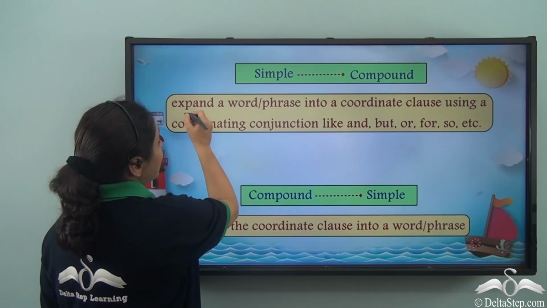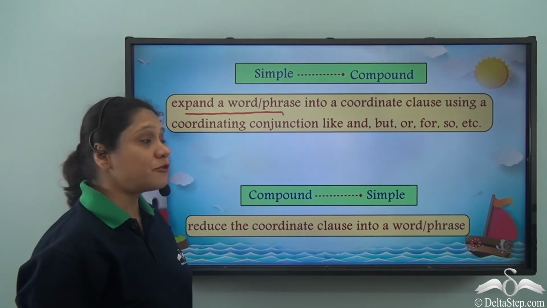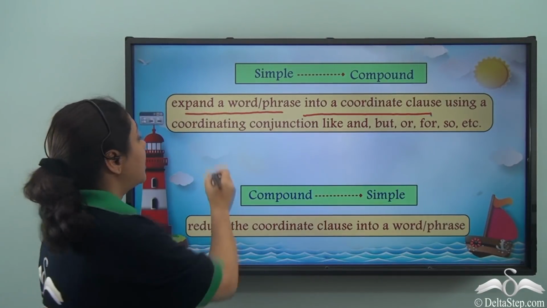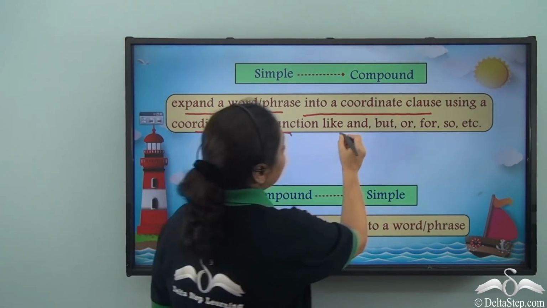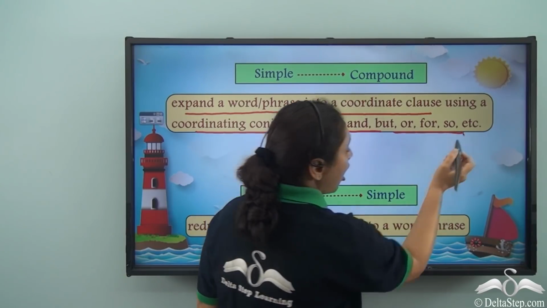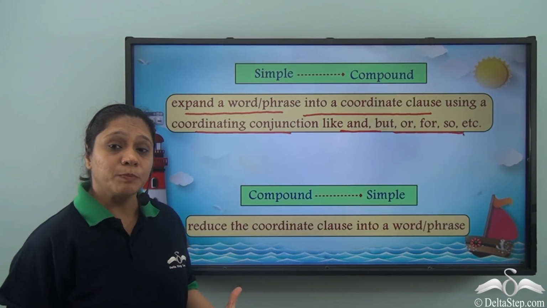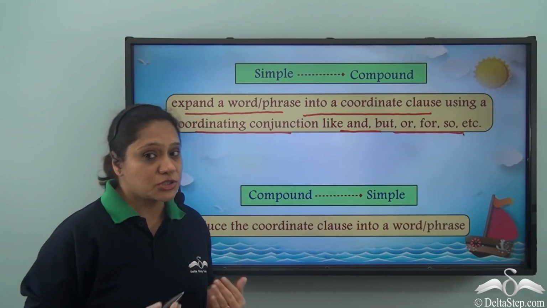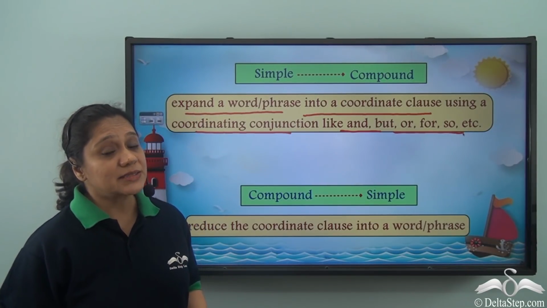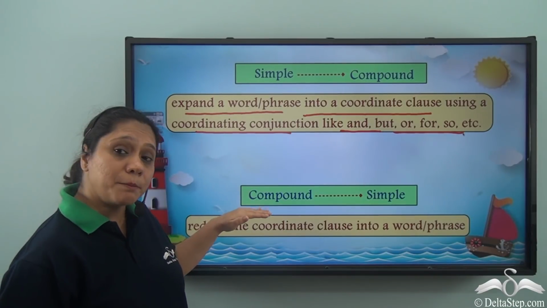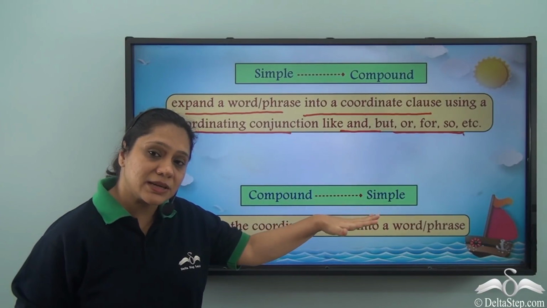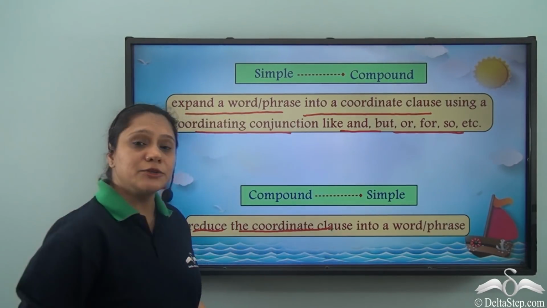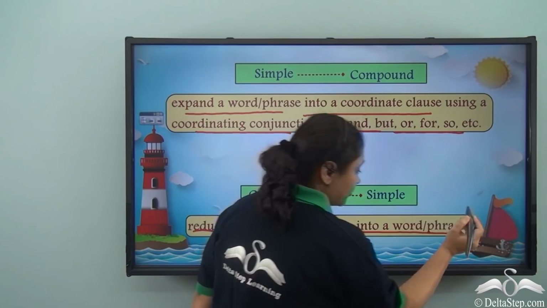We usually expand a word or a phrase into a coordinate clause using a coordinating conjunction like and, but, or, for, so, etc. We have also seen how we can use correlative conjunctions to do so. Whereas, whenever we are changing a compound sentence to a simple sentence, we need to reduce the coordinate clause into a word or a phrase.